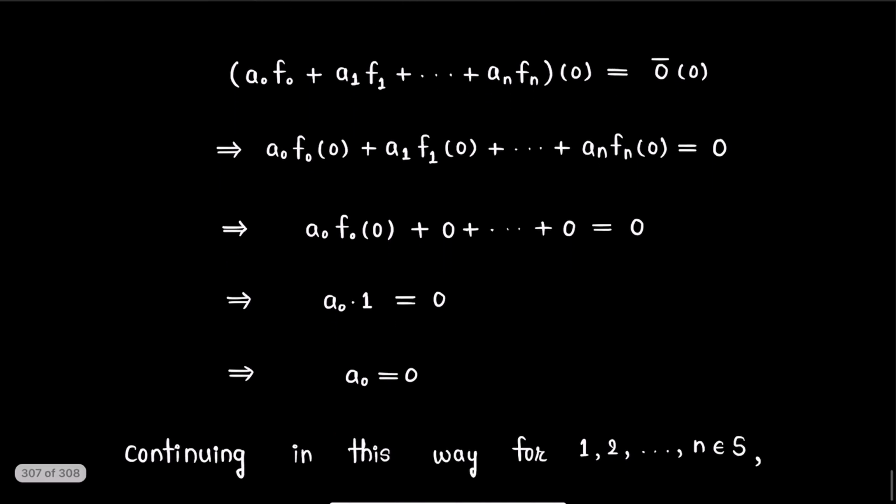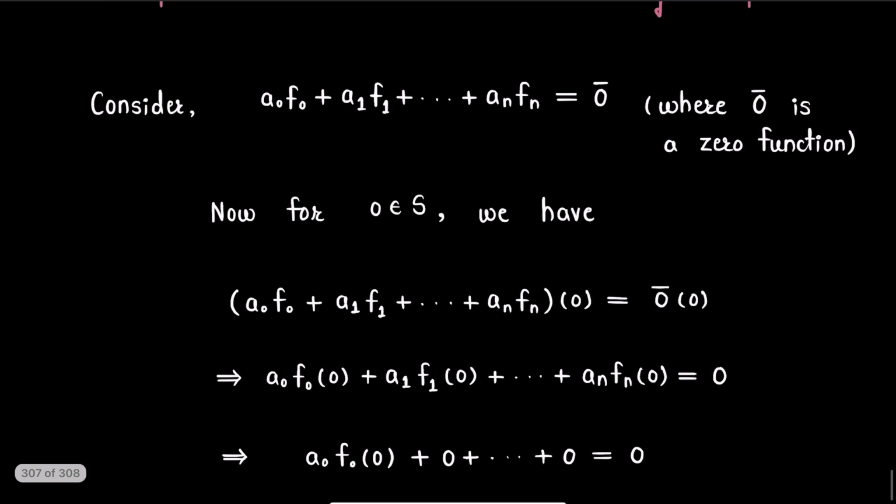Now, again, instead of 0 in S, consider 1 in S. So, here we get image of 1 under this linear combination equals to image of 1 under 0 function. Now, image of 1 under 0 function will be 0, so RHS will be same.